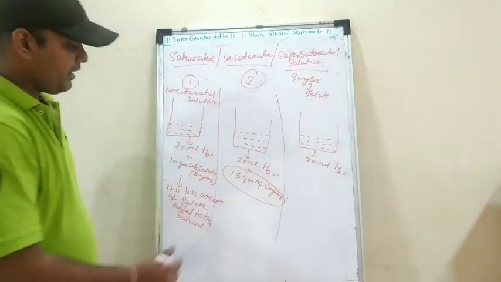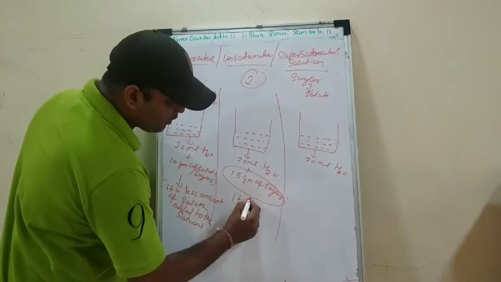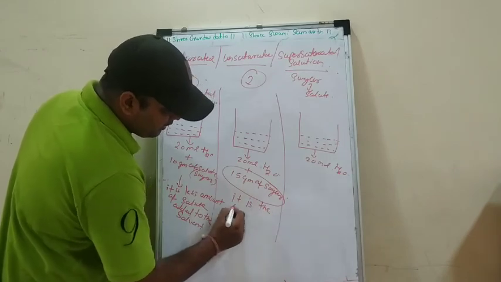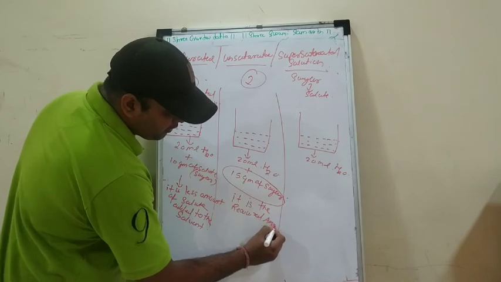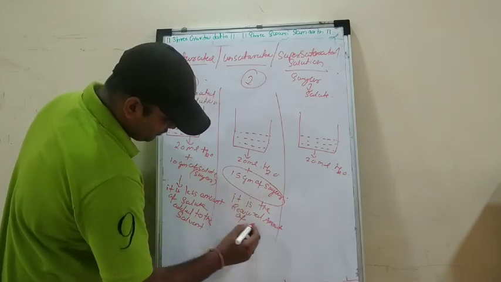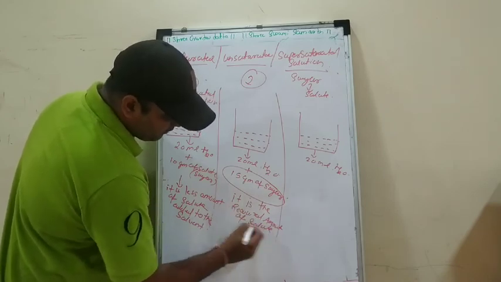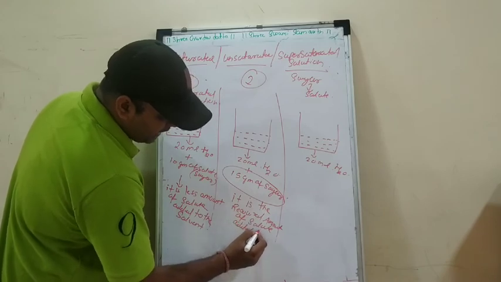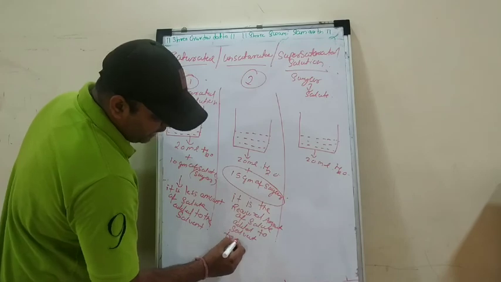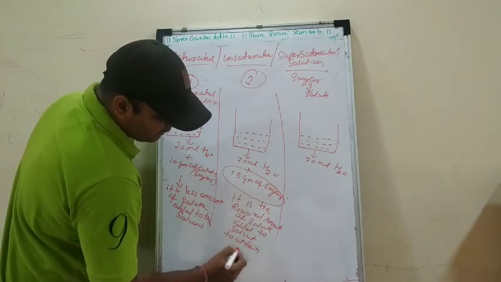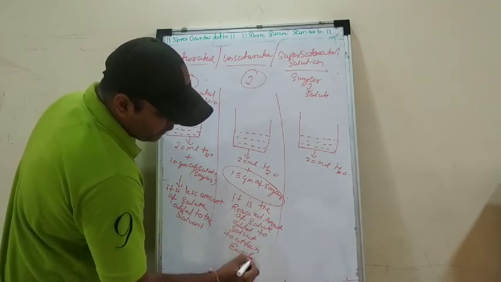So this is the required amount of solute added to solvent to attain equilibrium.